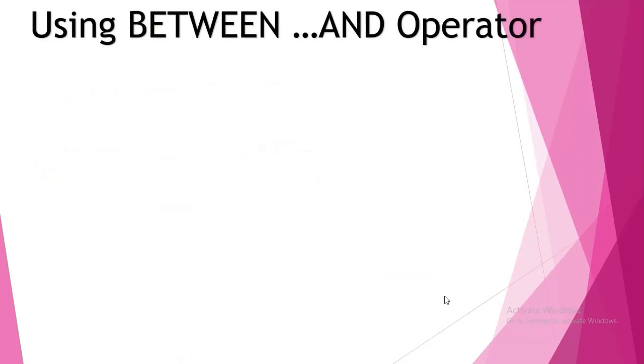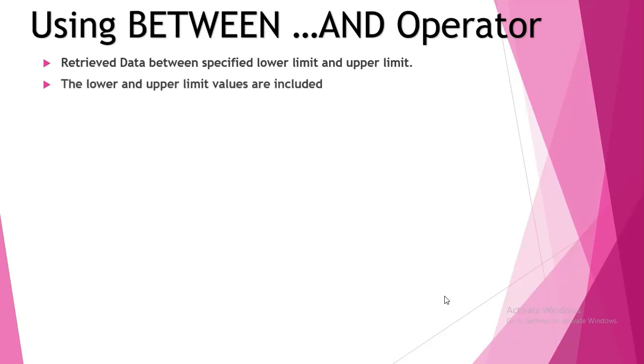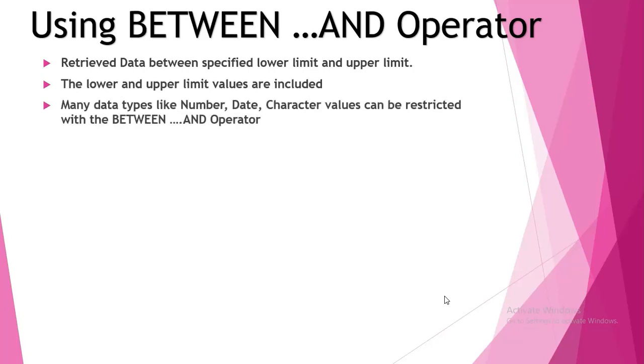Here, using the BETWEEN AND operator. It retrieves data between a specified lower limit and upper limit. We can use the BETWEEN operator wherever we want a specified range between a lower and upper limit. The lower and upper limit values are included. Many data types like number, date, and character values can be restricted with the BETWEEN AND operator.